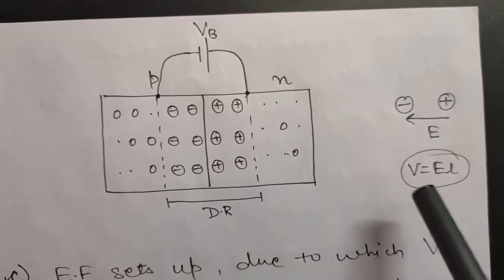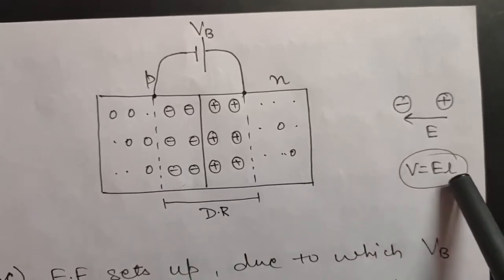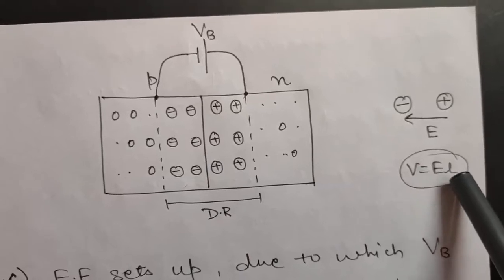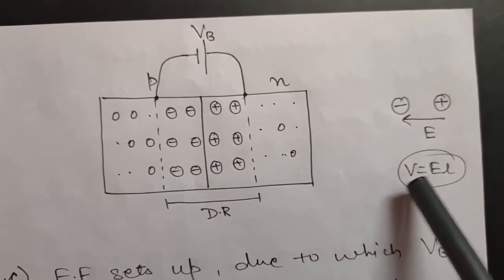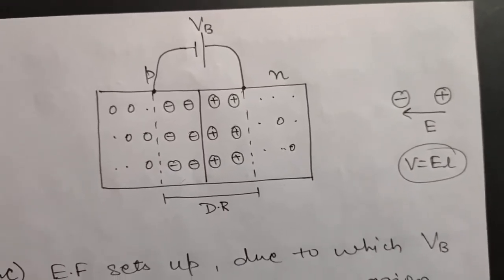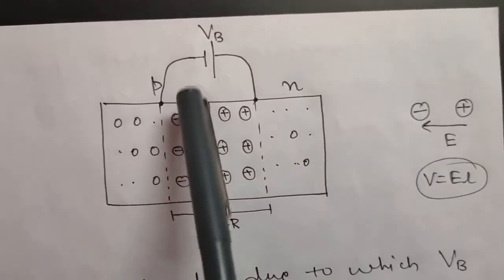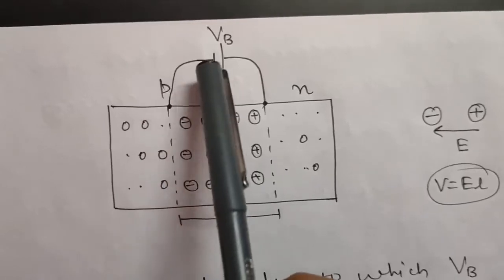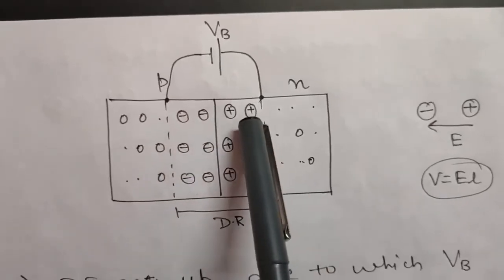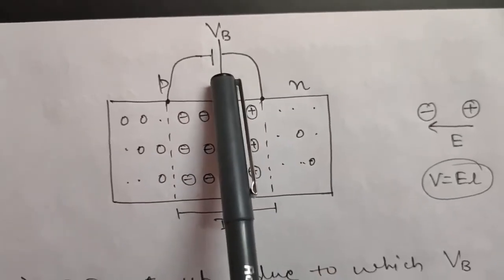And as you know the formula, V equals EL. So you have E, you have L. That means obviously you will be having some potential difference. So therefore, due to this electric field, a potential is developed, because here are negative ions, so this will be the negative electrode. And because here are positive ions, this will be your positive electrode.